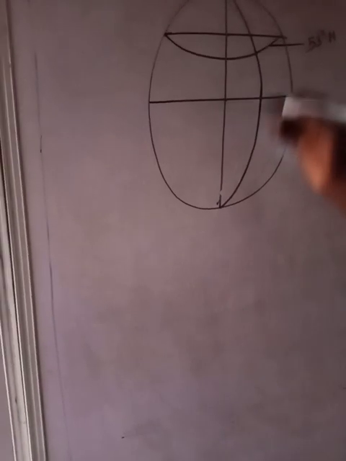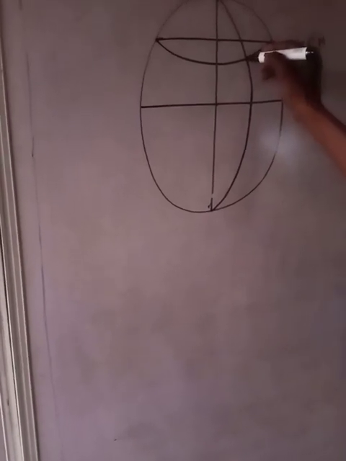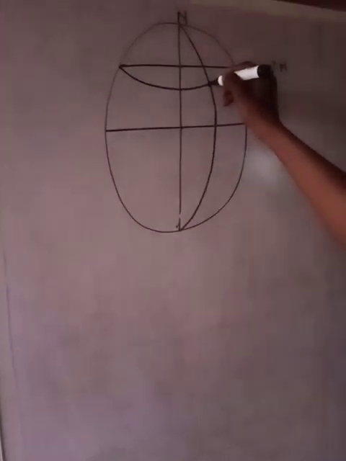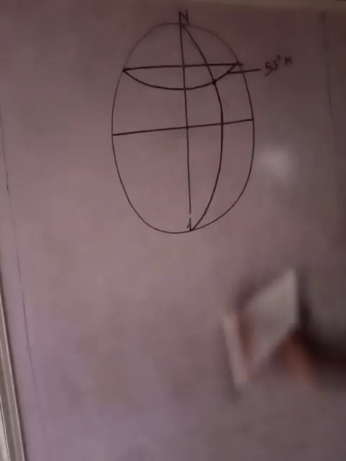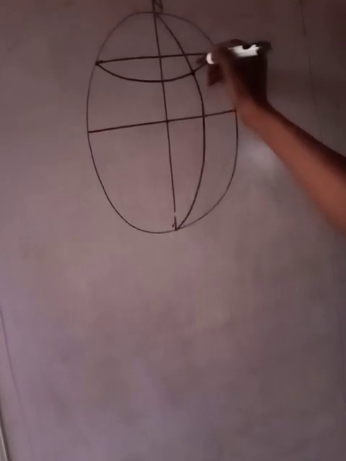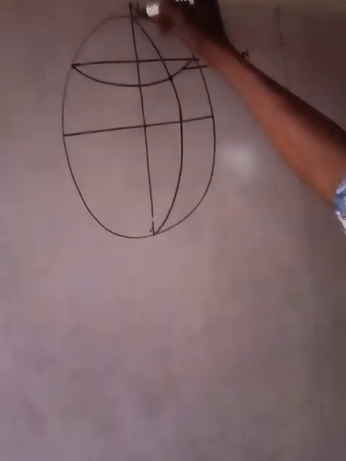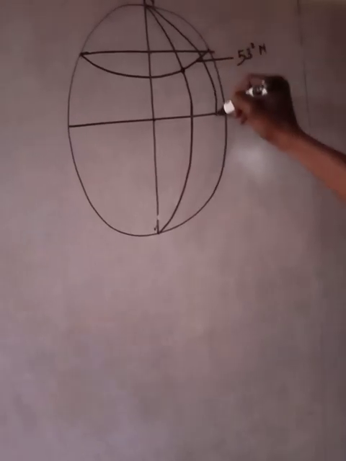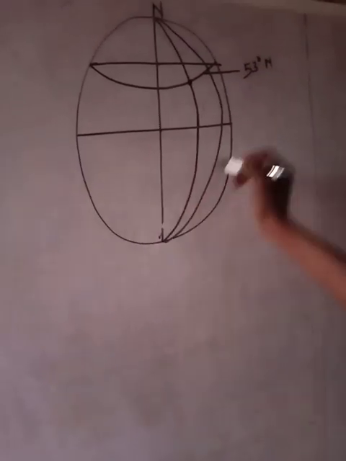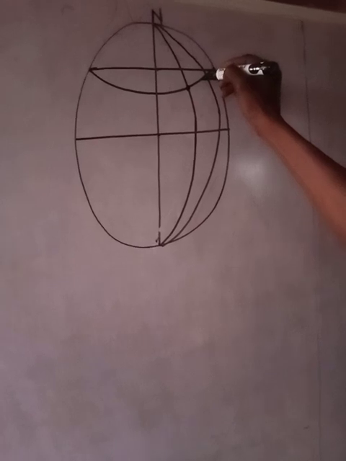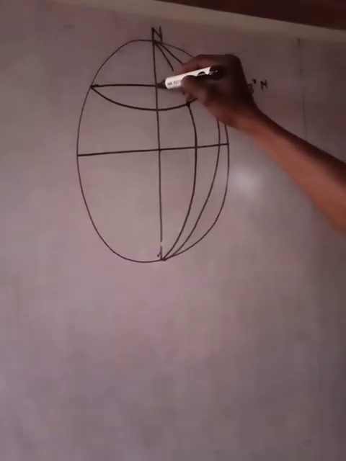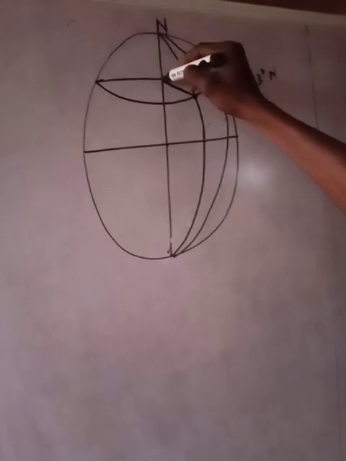Now point A is 25° east, and the second one is 85° east. So let's say it's 85, and connect them to the center.